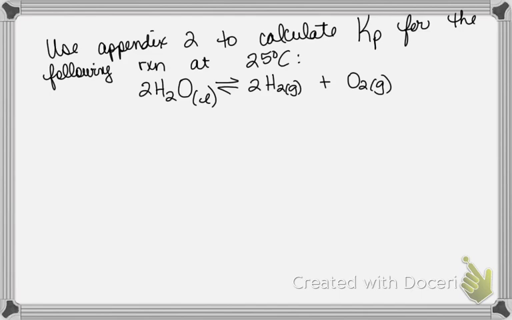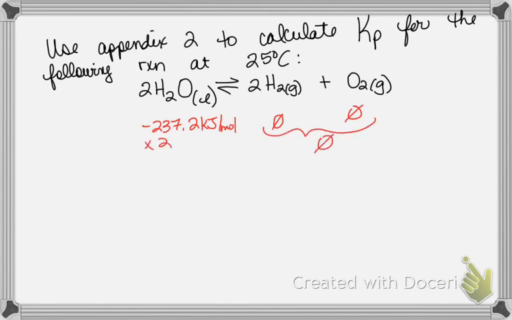So water delta G. And the hydrogen and oxygen in the appendix should be 0 because they're elements.